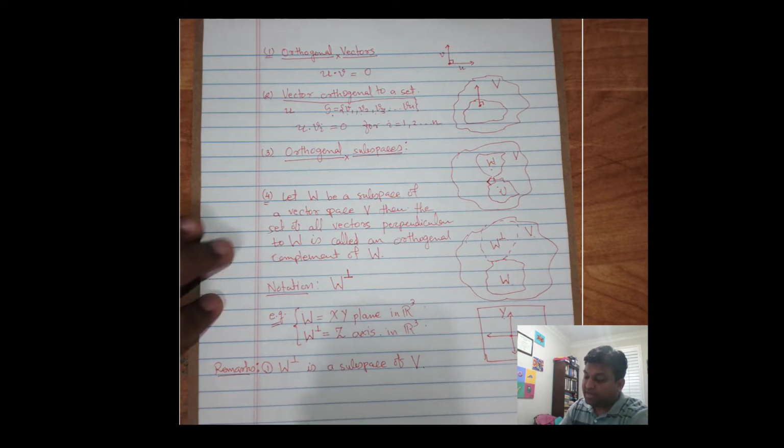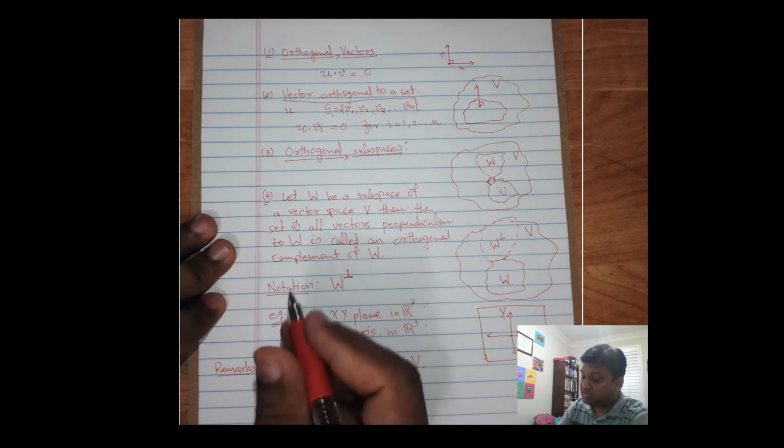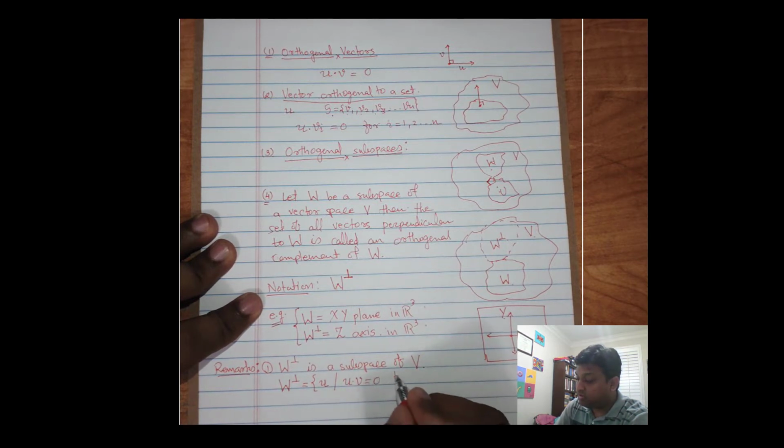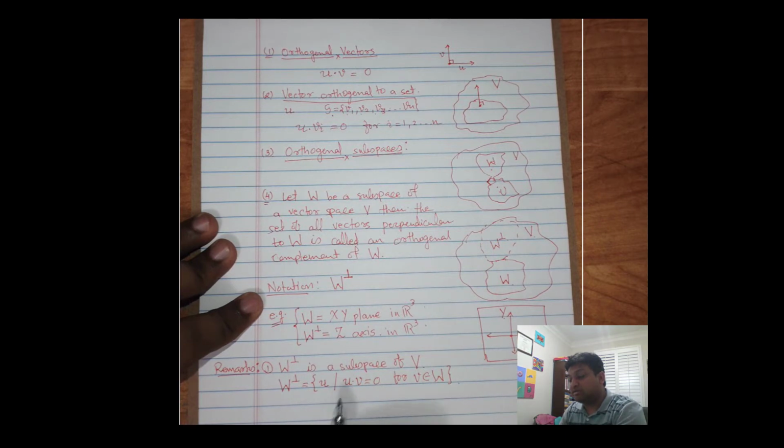Let me give you the definition of orthogonal complement here in terms of set notation. Look, W perp contains the set of all those vectors U for which U dot V is 0 for V being in subspace W. Alright, these are the set of all those vectors whose dot product with every vector in W is 0.